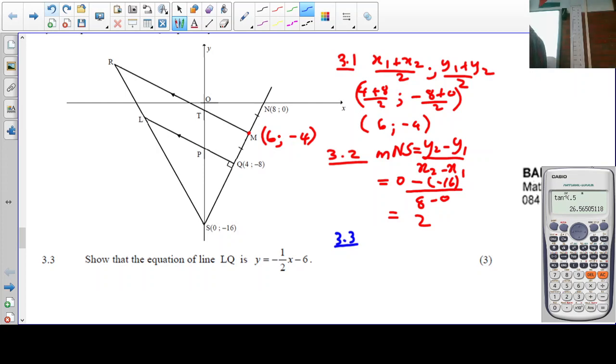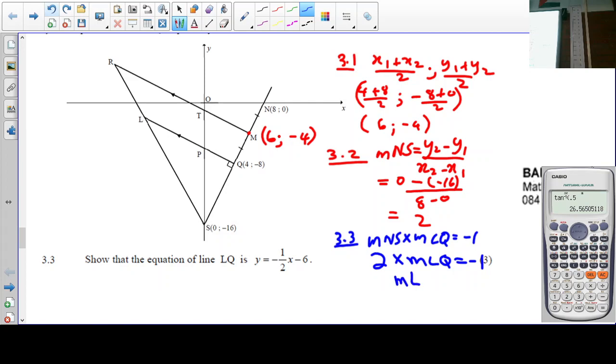So the gradient of NS times the gradient of LQ must be equal to negative 1. But we know the gradient of NS is 2. So it's going to be 2 times the gradient of LQ is equal to negative 1. So the gradient of LQ is equal to negative a half.